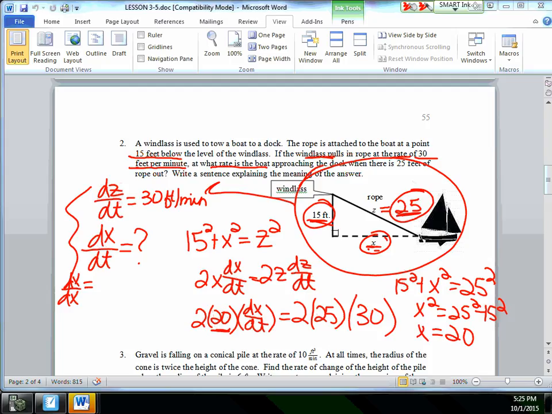Okay. I didn't simplify anything down, which would be 2 times 25 times 30 divided by 2 times 20. The 2's cancel, the zeros cancel, and then you could just leave it like that.